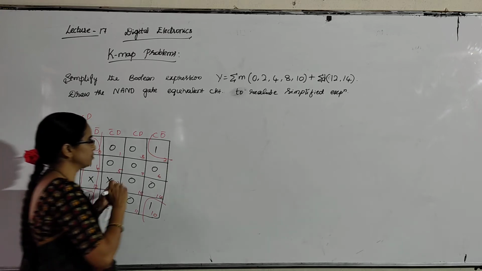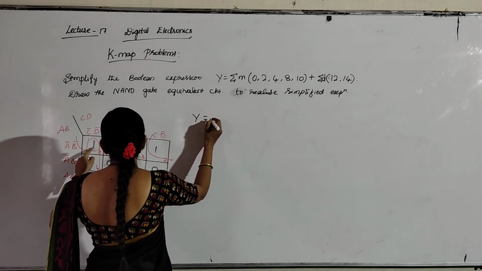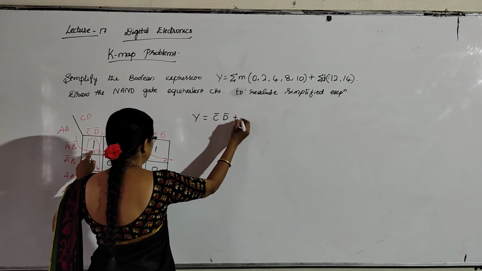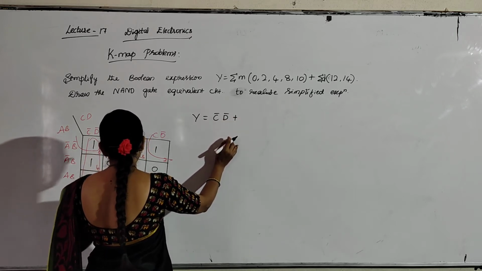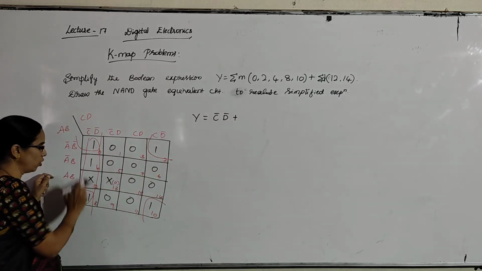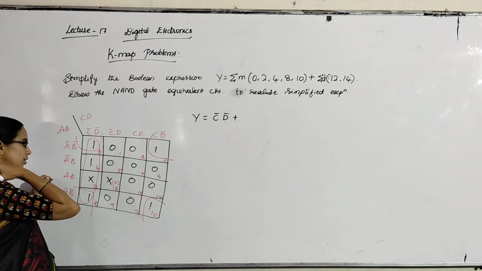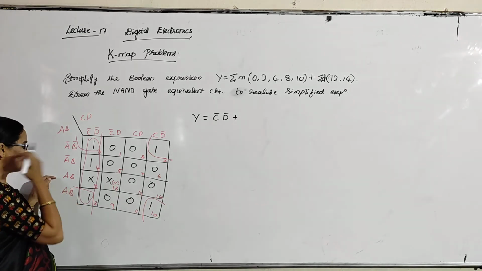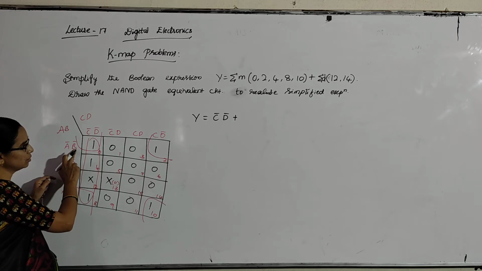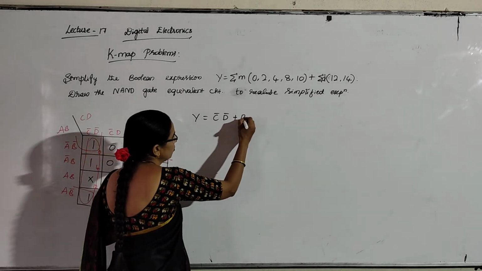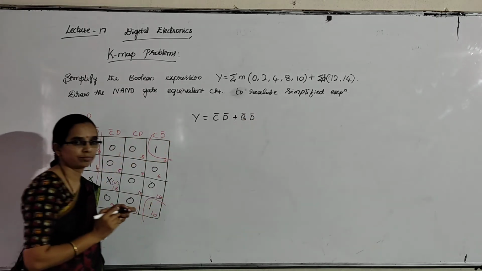So what will be my expression? Y is equal to C bar D bar for this, and for these corner ones, B bar is common and D bar is common, so B bar D bar.